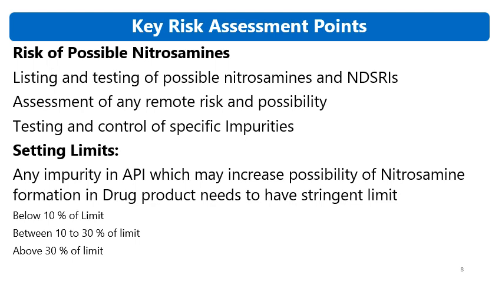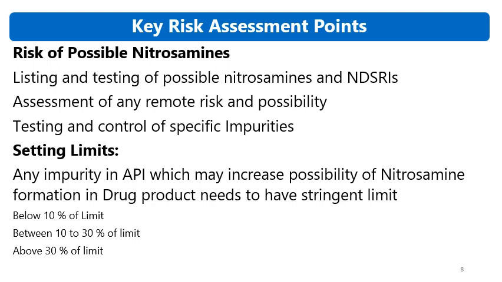In simple terms, if you find that impurity A, for example, may increase the chance of NDSRI or nitrosamine formation in the drug product, so that impurity is acting as a precursor, or is responsible for nitrosamine formation in the drug product. That is why that impurity is required to be strictly controlled, though it is below ICH limits, or its risk is very low, but still the limit should be there.